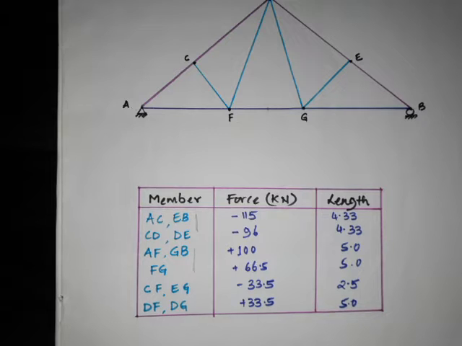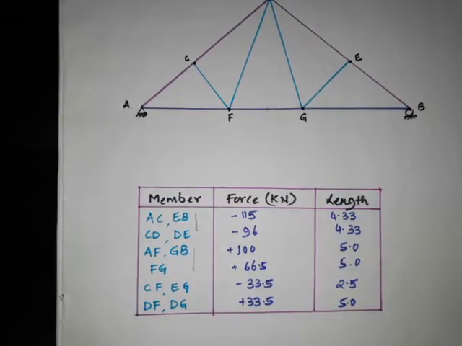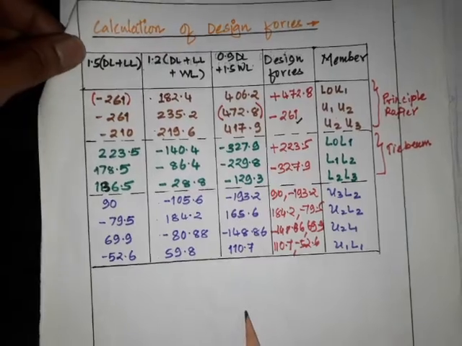In that problem, the forces were given separately for dead load, live load and wind load, and we calculated the design forces by considering the load combinations, dead load plus wind load, dead load plus live load, and so on. We calculated the design forces.